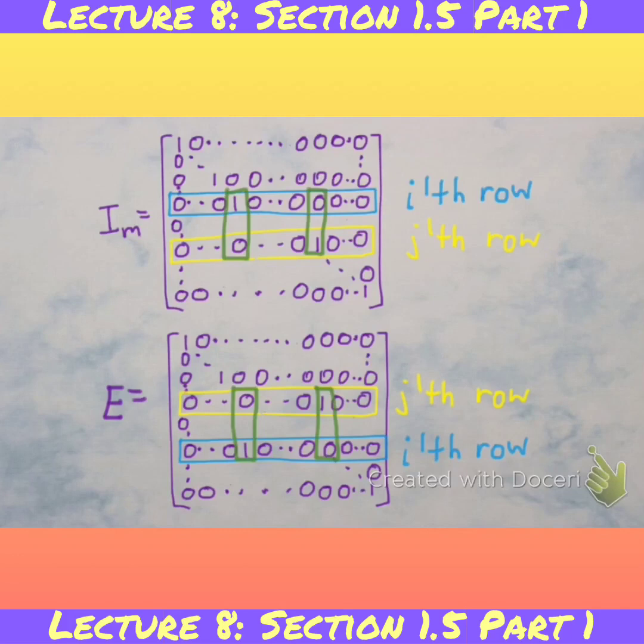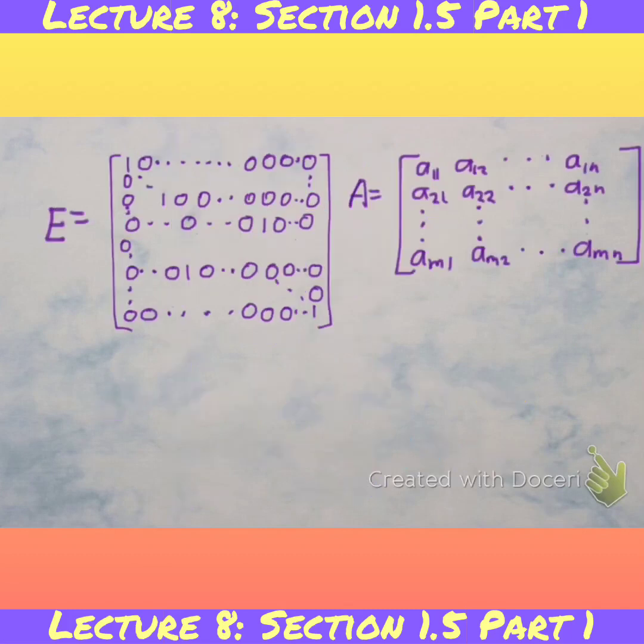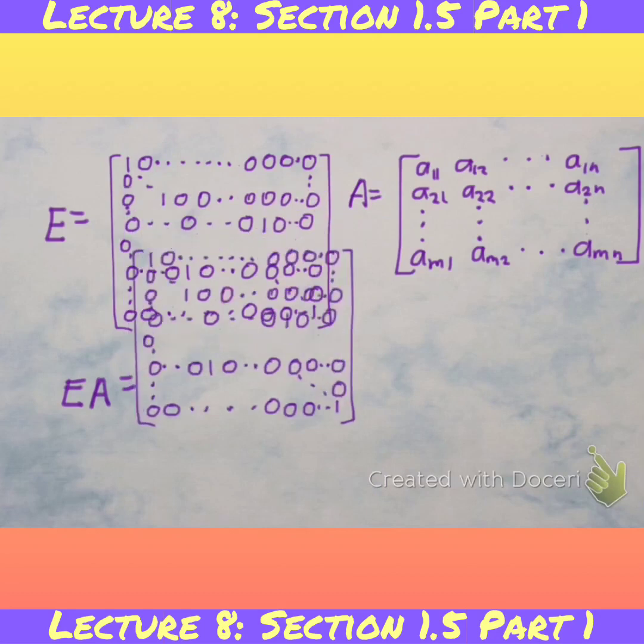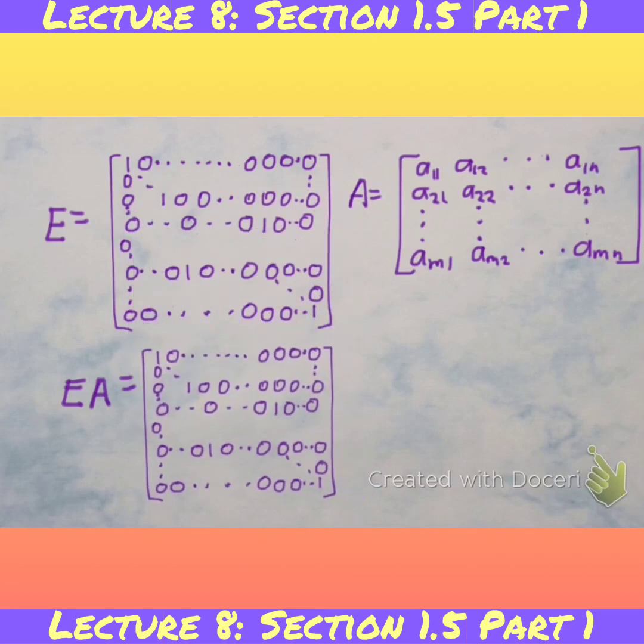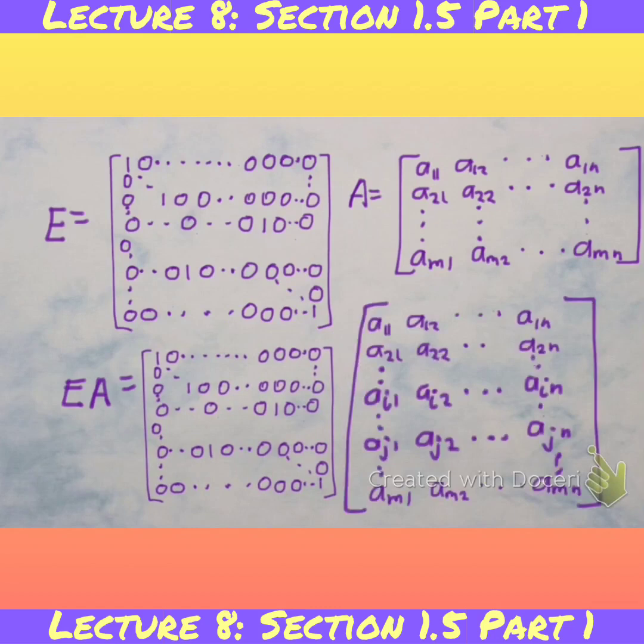So let's take the product of this elementary matrix with A. Taking E's product with A, there we've got our matrix, and multiplying that with A, there we've got our product. Working that out, we know how to do that.